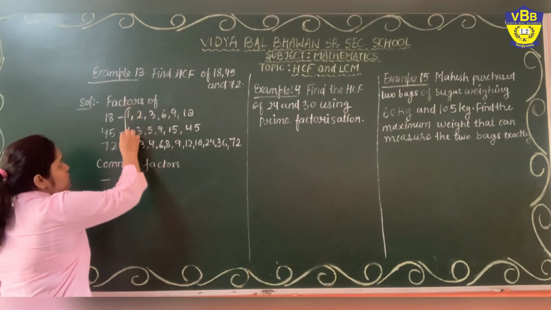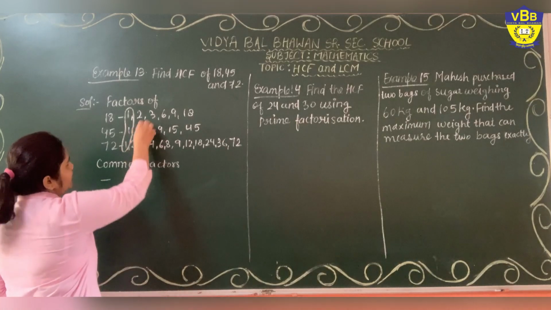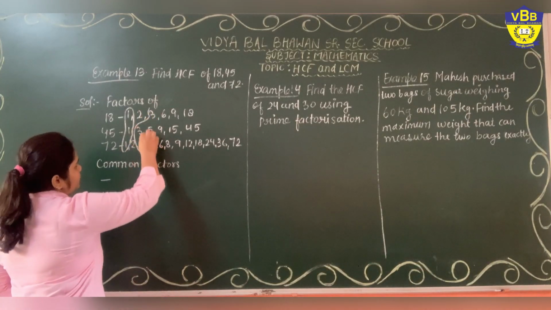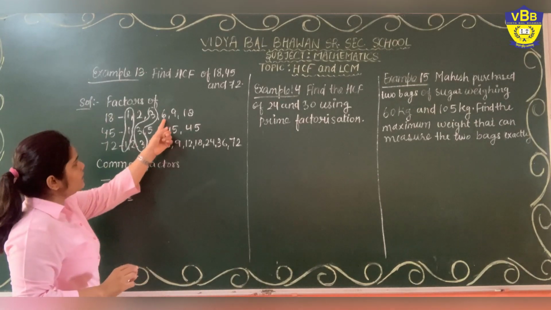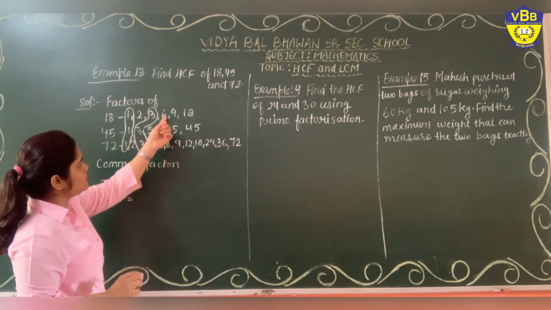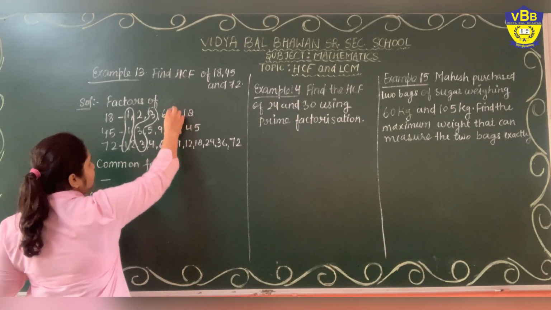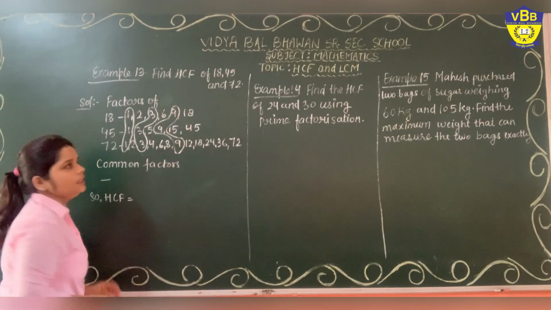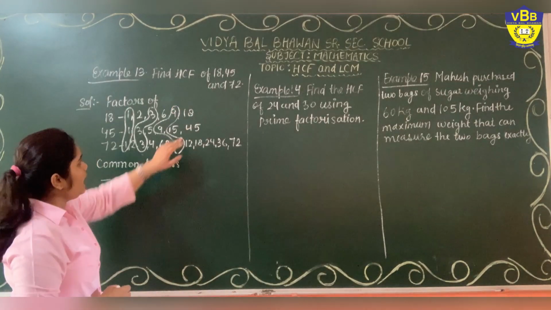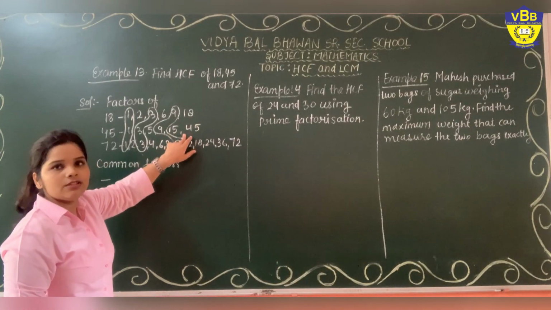The factor which is common in all three is 1. After that it is 3. 3 is common in all three numbers. After that 6 is here, 6 is here but not here. 9, 9, 9. 9 is common in all three numbers. 18 is here but 18 is not here.